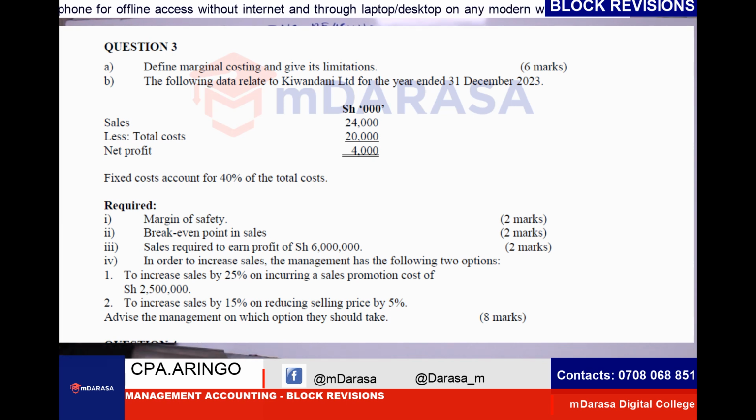So given such a question, my good students, you're asked of margin of safety, break-even point, the target sales, and of course you'll also be required to advise the management. So our task will be to determine the details given there.